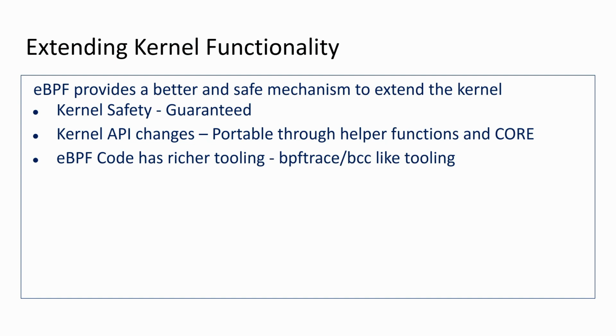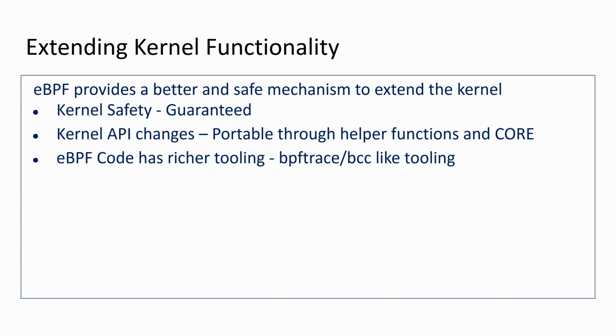The kernel API changes are also easier and more portable when you have a technology like eBPF in place, because it provides enough helper functions to write code which internally could refer to different functions when you are moving from one kernel to the other.